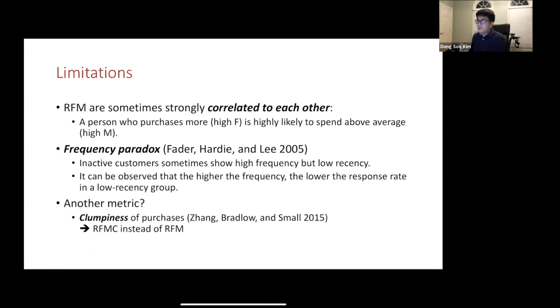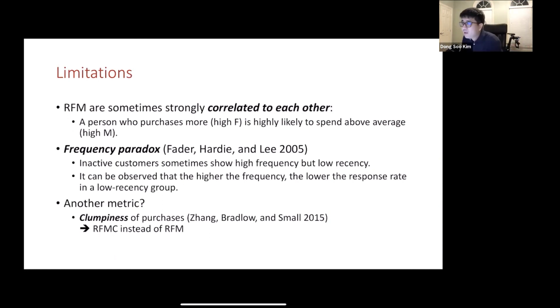Then, what if there are many inactive customers like this customer? It can be observed that the higher the frequency, the lower the response rate in a low recency group. That is, without consideration of inactiveness, standard RFM method classifies such customer as to be targeted due to her high purchase frequency in the past.